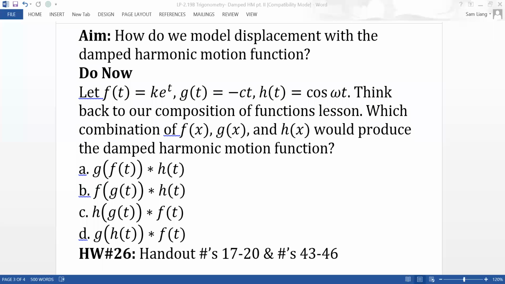I'll give us 2 minutes. We're in breakout rooms now.